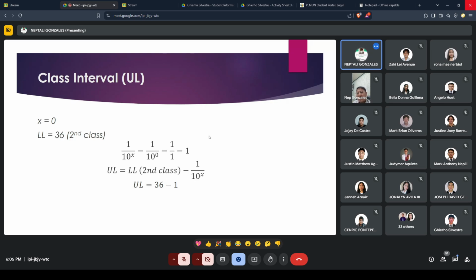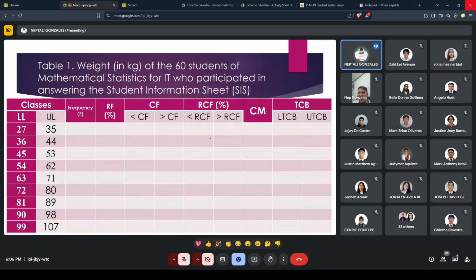So therefore, your first upper limit is equal to 35. Then you will have to translate it right here, 35. To know the succeeding upper limits, all you have to do is again to add C, or the class size, which is 9. So 35 plus 9 is 44. 44 plus 9 is 53.